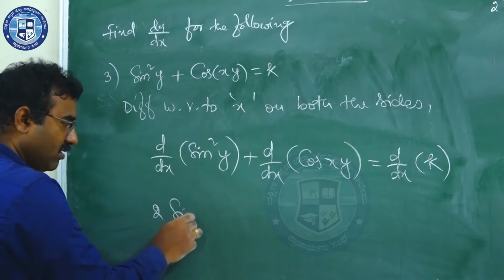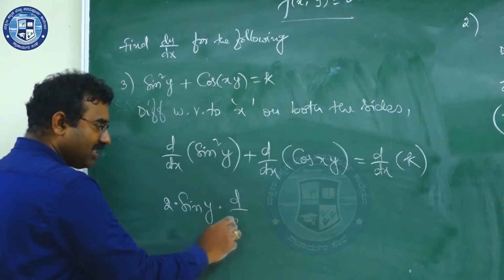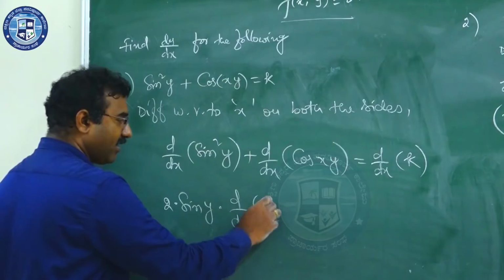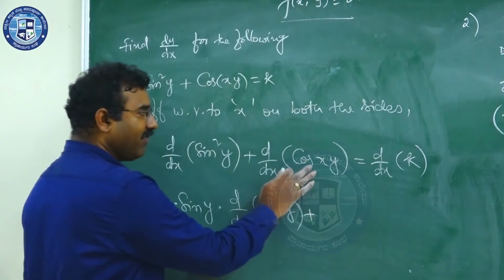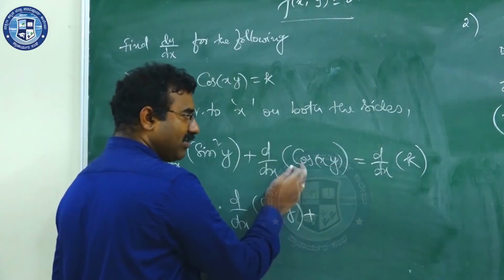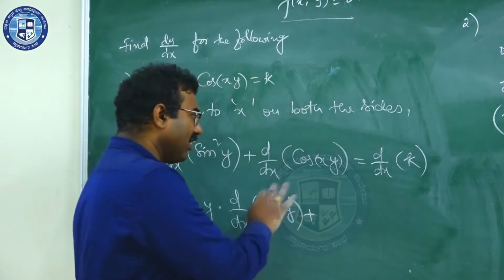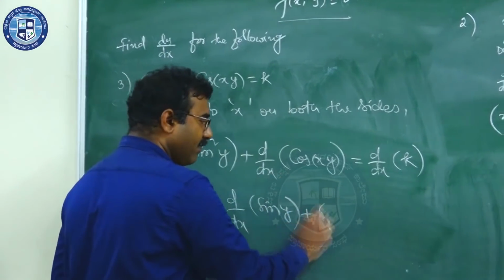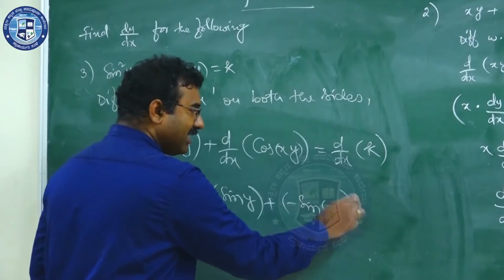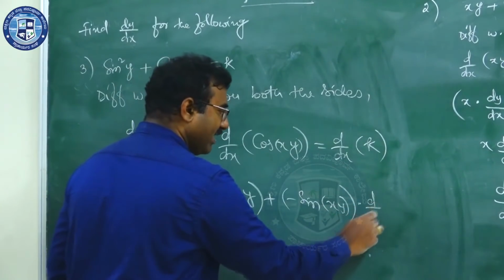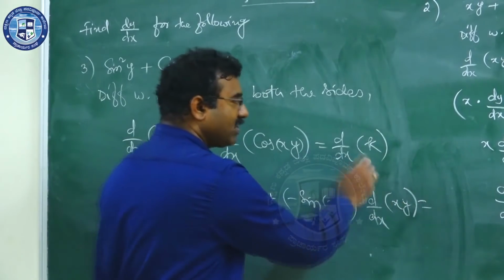Is it really x? No. So its derivative you have to consider: d by dx of sin y plus d by dx of cos x. It's the outer function, I told you, the outer function. Feel like whatever is present inside is x and then do it. d by dx of cos x is minus sin x. Is it really x? No. It's xy. d by dx of xy you have to consider, is equal to d by dx of constant.